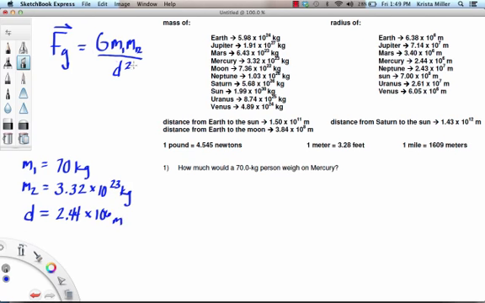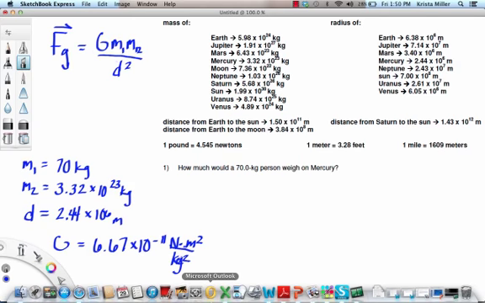So here's what we need to think about. We're trying to find the force of gravity, or the weight of the person, and we know that G stands for the gravitational constant. If you look on your quality course sheet, you'll see that the gravitational constant is 6.67 times 10 to the negative 11th power, and then it's this funky unit, newtons times meters squared over kilograms squared.